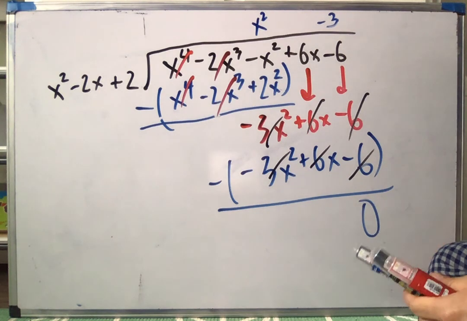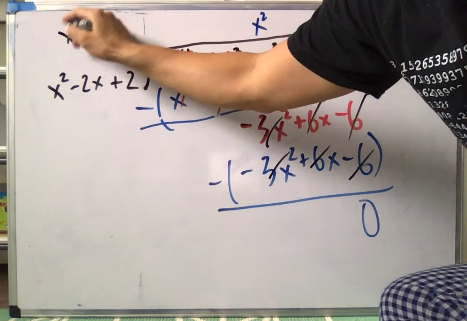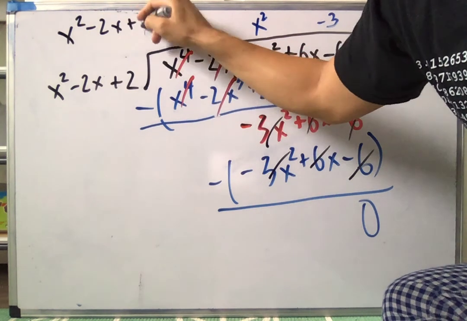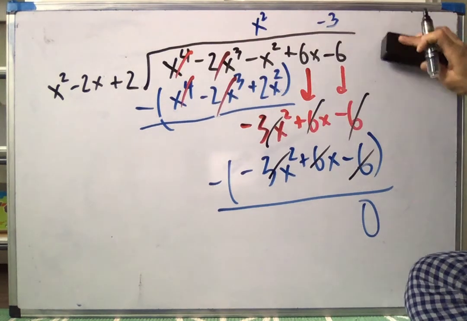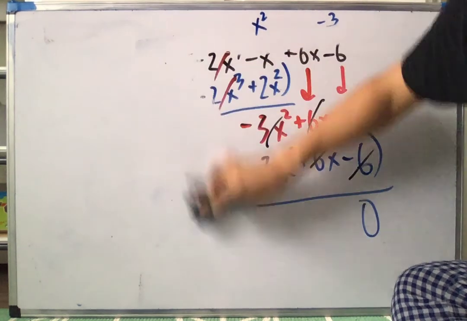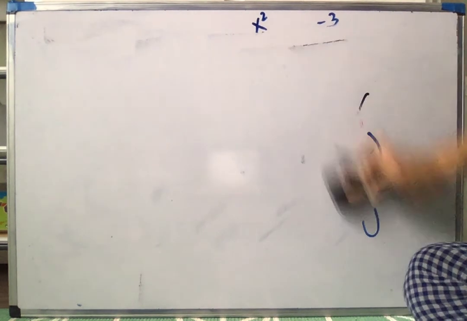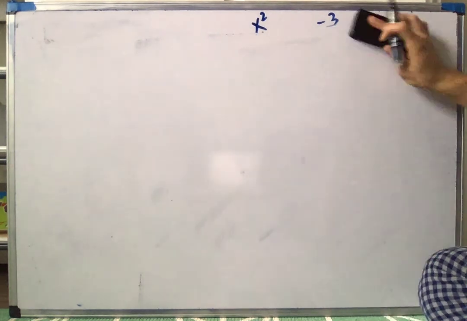Okay, I'm going to write that down on the side and erase everything else. Actually, the only thing I really need now is the x squared minus 3 part, so I'll just leave that at the top. x squared minus 3. Let me rewrite that.